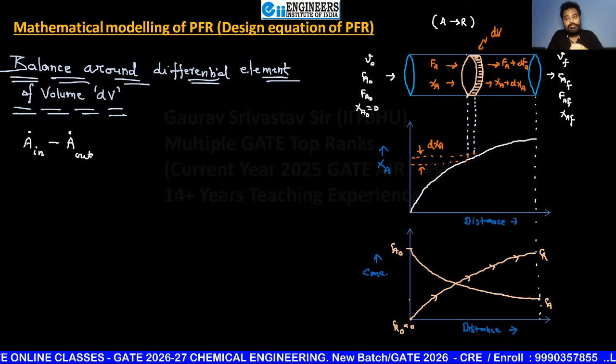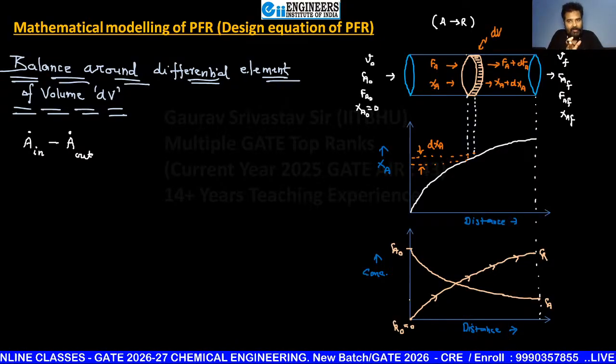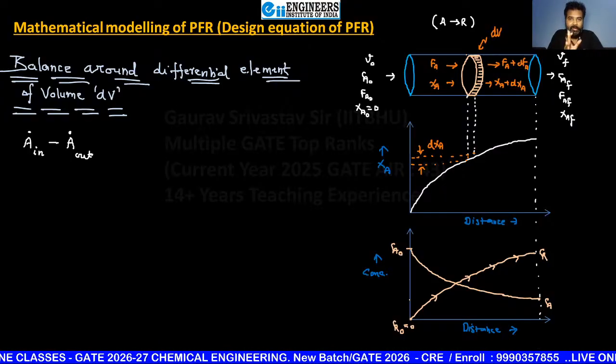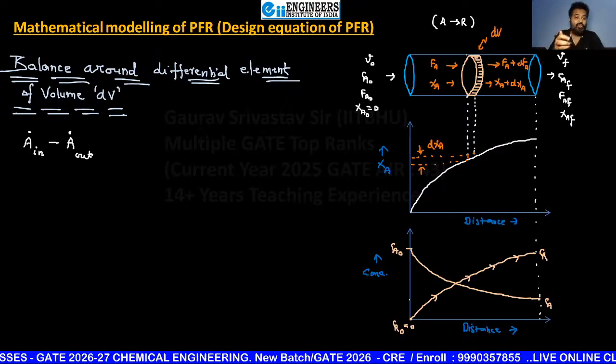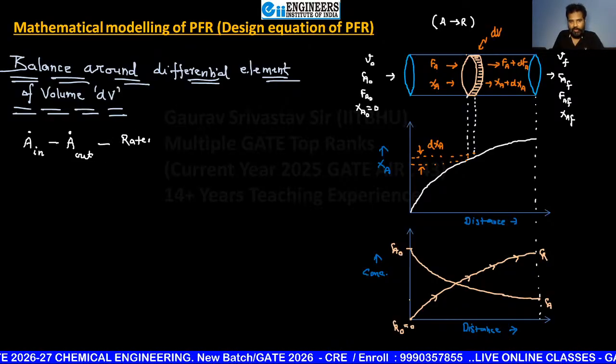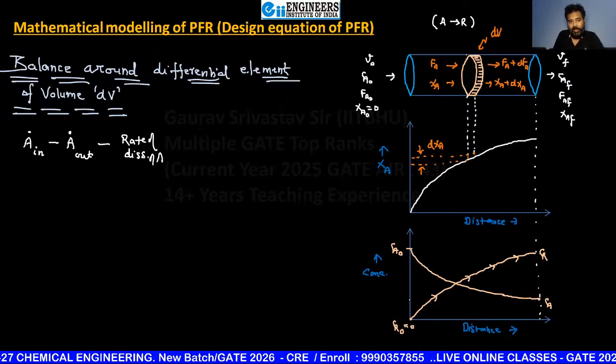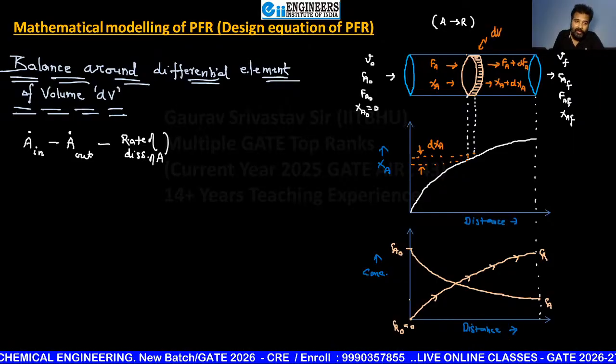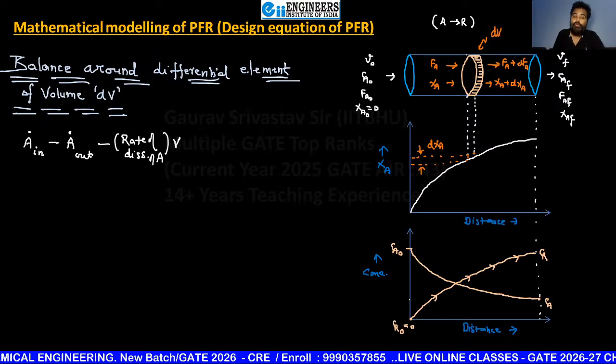And you know A is reactant here, so clearly A is going to disappear, and for disappearance you have to write the rate of disappearance of A within that reactor, and also you have to multiply with volume of reactor.